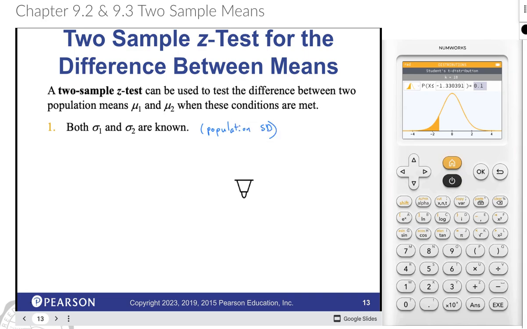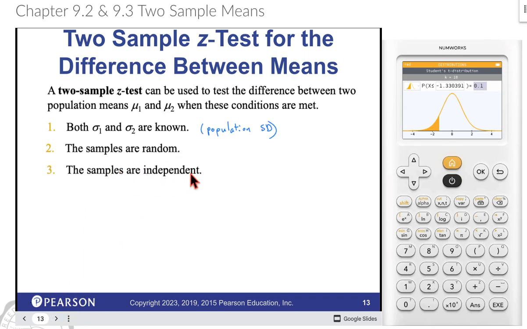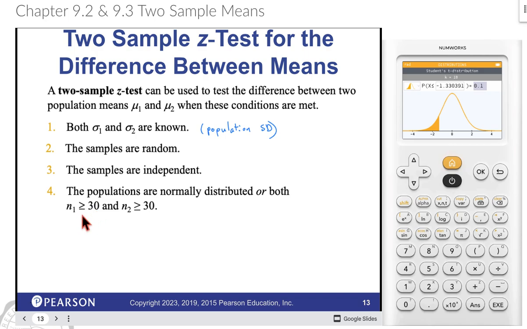Samples are random. Samples are also independent, not paired. If they're paired, we have to do the paired test. And both samples are either normally distributed, or their sample sizes are both above 30. Then we can do this.